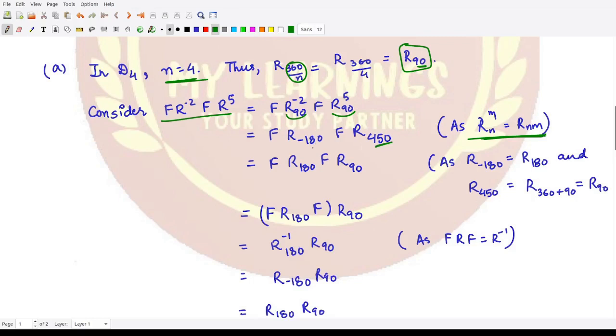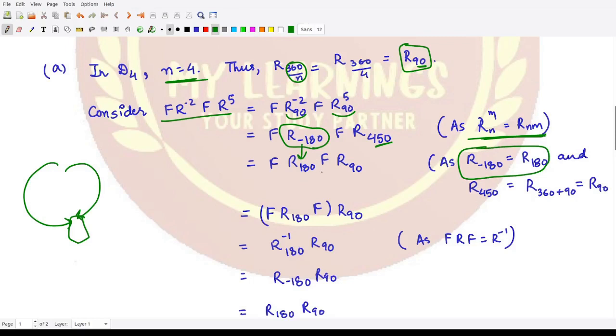There is no issue. Once you rotate any object by 180 degrees, and if you rotate it by minus 180 degrees, you would have the same orientation, correct? So therefore R minus 180 is equal to R180. So we can replace it like this. Why we have done so, you'll see in a moment. And moreover, you can write this R450. Now you know that in 360 degrees we complete one rotation. So after 360 degrees, everything would match with each other.